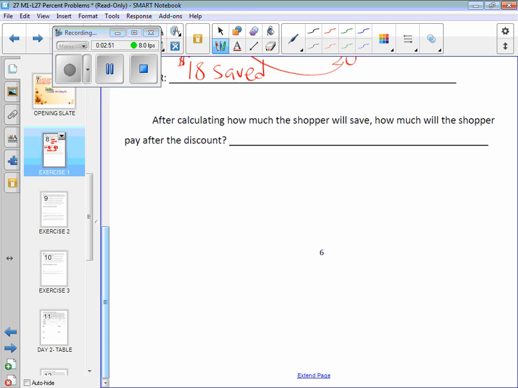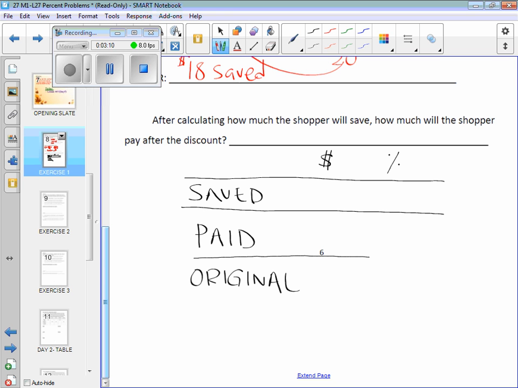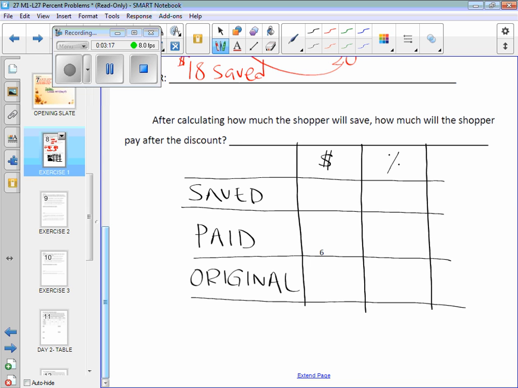Let me draw it all out so you know how to space it out on your page, and then after I'm done drawing it, you can do it. All right, the table is now done. If you could just copy that down at the bottom of the page, and then I'll show you how we're going to use it.